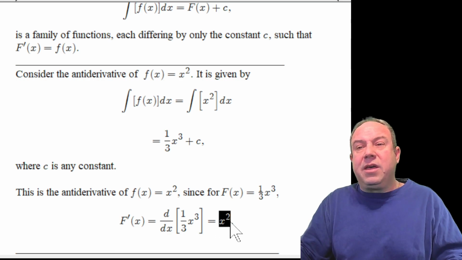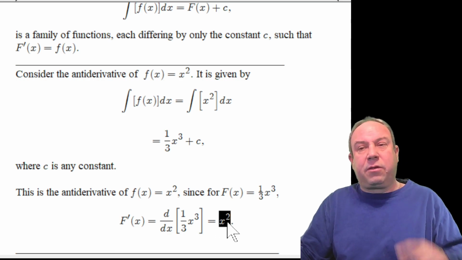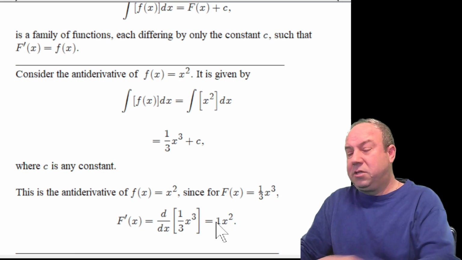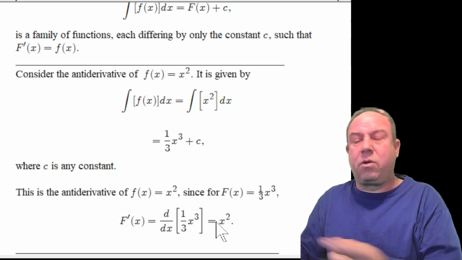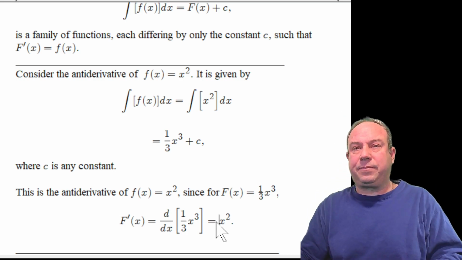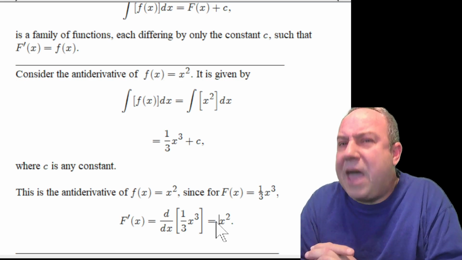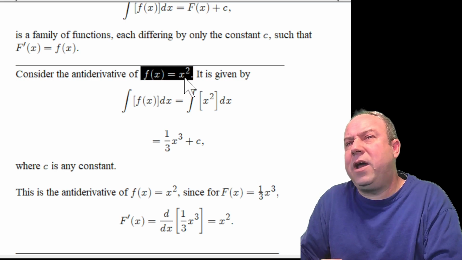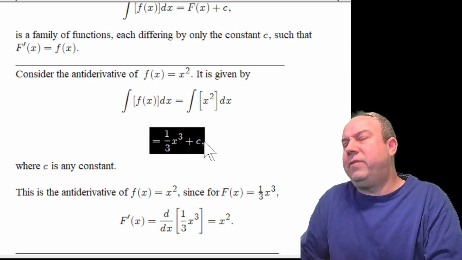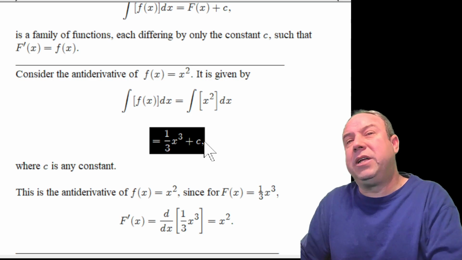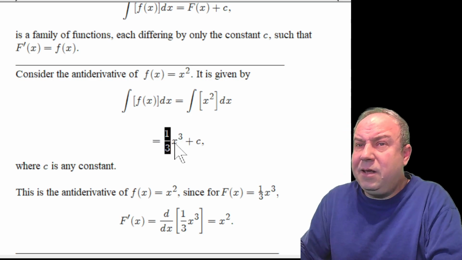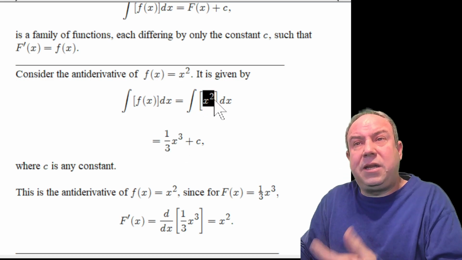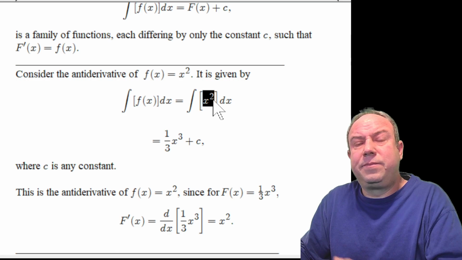So we end up with 1 times x squared, the 3 canceling with the 1/3, yielding the 1 out in front, times x squared, where we reduce our power by 1. That would be known as the antiderivative of the function f of x equal to x squared. Its antiderivative is the family of functions 1/3 x cubed plus c, again because if you take the derivative of 1/3 x cubed, it yields x squared.